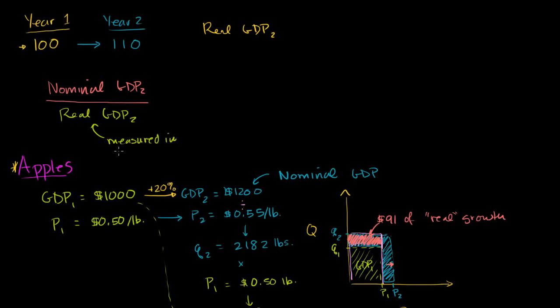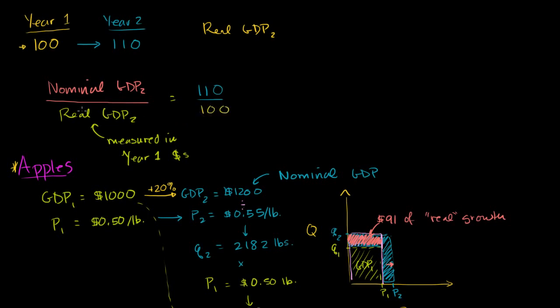Well, that's going to be the same thing as the ratio of the prices between year two and year one. This is going to be the ratio of, we use this indicator right over here, 110 to 100.